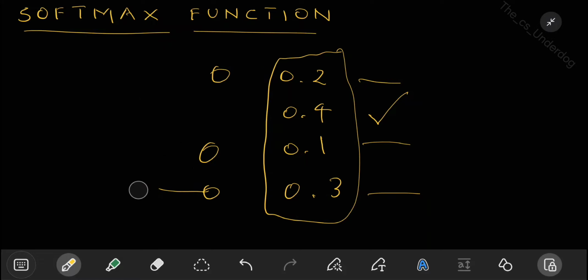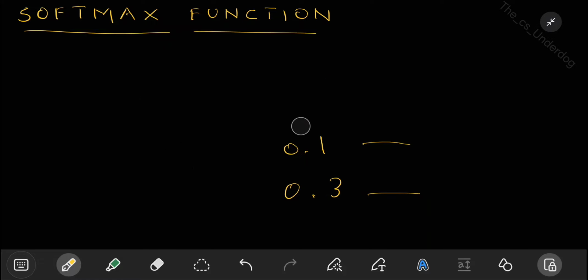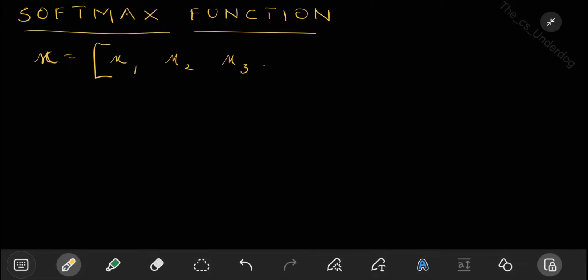Let us now understand it mathematically. The softmax function, its equation, what is the significance of each term in that equation? Let us say you have an input vector x, which is a k-dimensional vector. So x can be written as having k dimensions, x1, x2, x3 up to xk. This is not k different inputs.